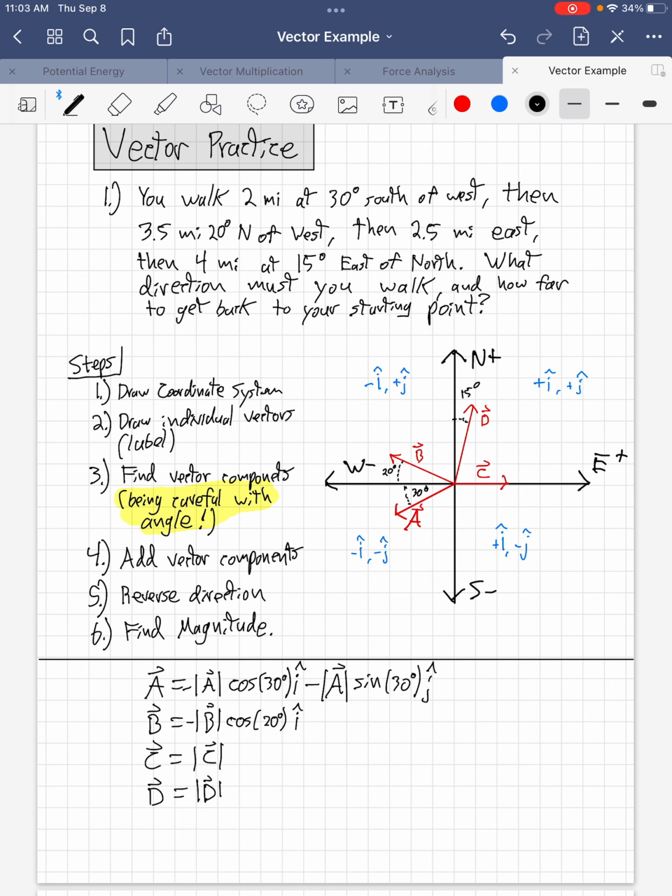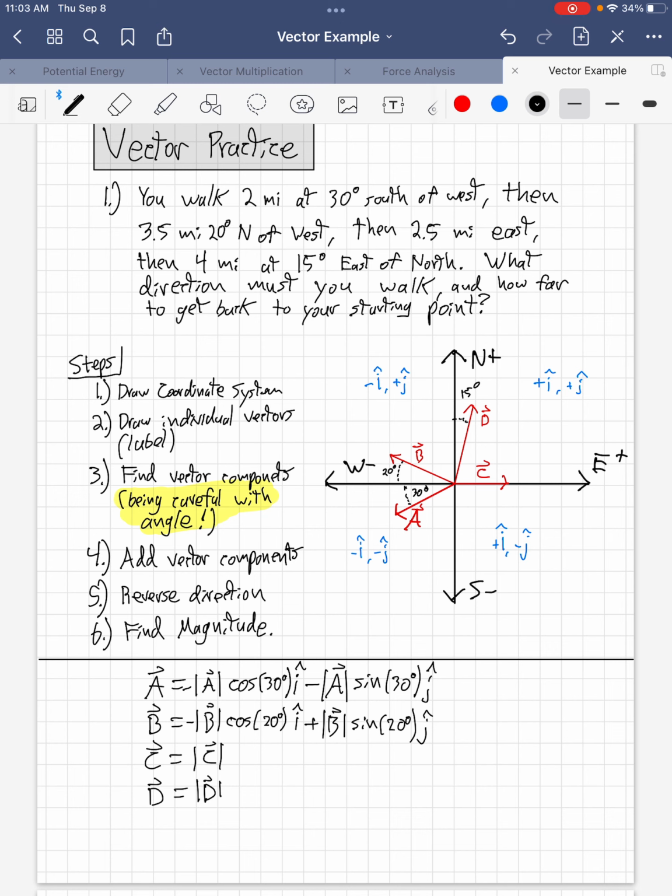But now our y component is going to be positive since we're moving up, or moving north. And so that's going to be B times positive sine of 20 degrees times j.